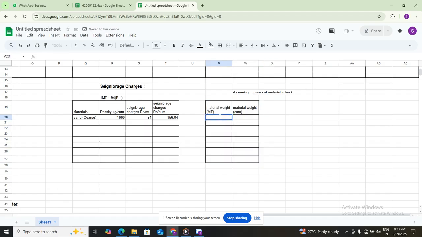I'm thinking SB sand, 34 metric ton. I need to convert this one. We know the density also.